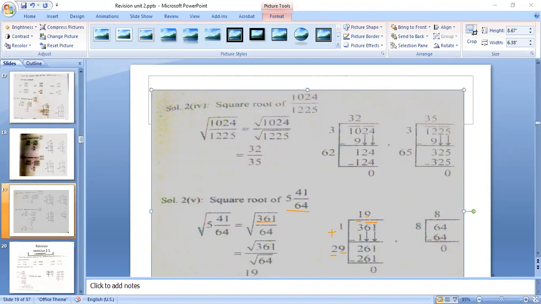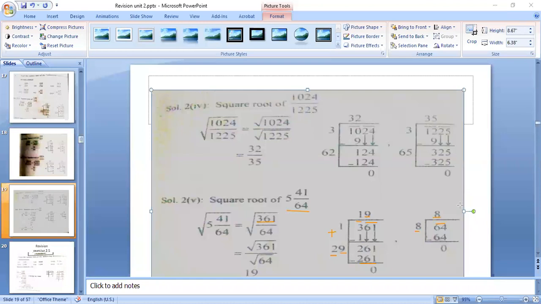Now we multiply this 9 with 29 and we get 261. So the square root of 361 is 19 and the square root of 64, make the pair, 8 8s are, we write 8 here and 8 in the quotient. 8 8s are 64.